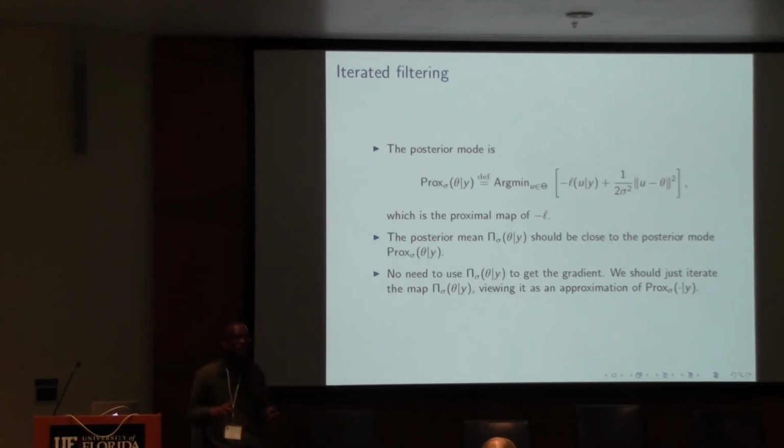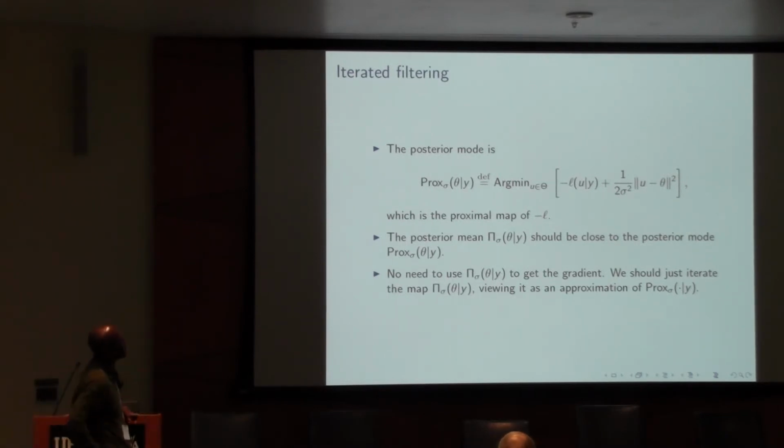The mean has a much nicer interpretation. The mean of that function is a nice approximation of the function negative L itself. And you could then think of this proximal as a way of trying to do a gradient method on this mean.